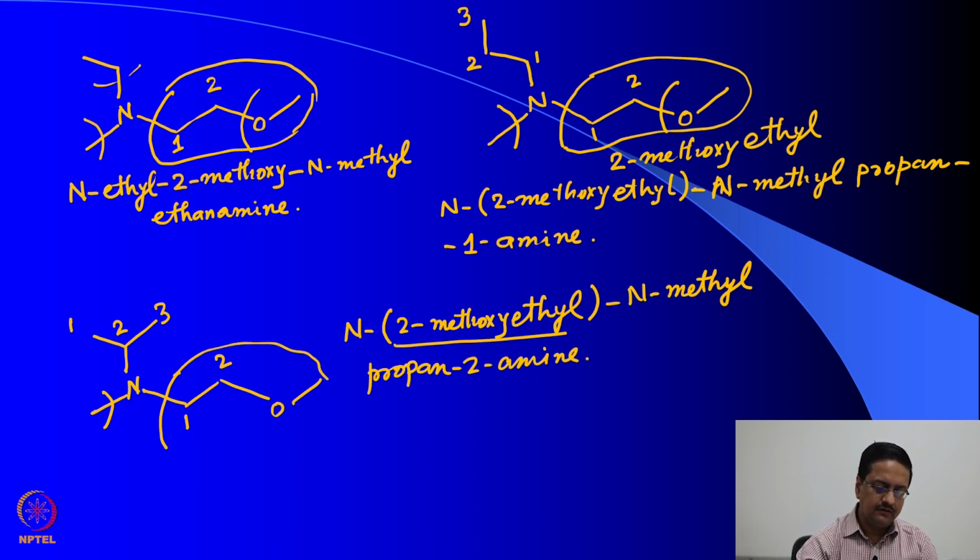But the way we write the name of that group in these 3 cases is different. In the first case, we write it as a methoxy group, because the other 2 carbon atoms form the parent chain. In the second and third examples, the entire group is a substitution on nitrogen and the parent chain is something else. So, one has to really look at the molecule and try to identify which is the parent chain and which is the substitution on a parent chain.